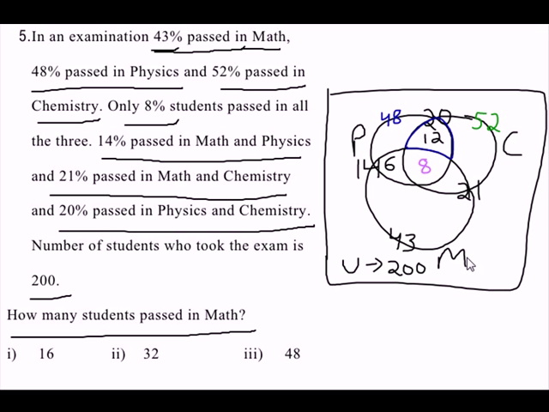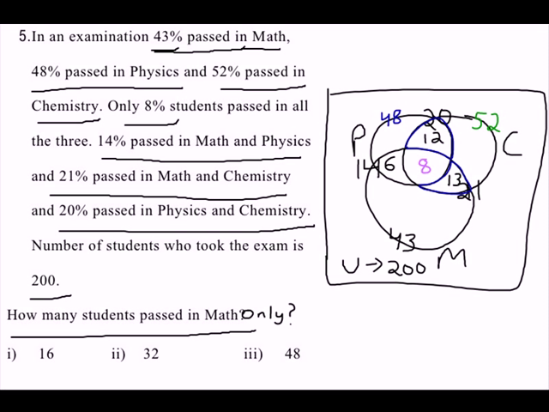So similarly, how do you find the students who passed in math and chemistry but not in physics? We have these numbers: 21, 8, 21 minus 8, which is 13. So let me just write 13 here, and 13 represents this area, which essentially is the percentage of students who passed in chemistry and math but not in physics.